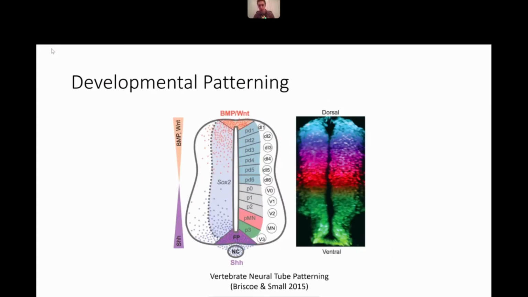So to give an example, here we have neural tube patterning, where the cells differentiate based on concentrations of 3 different morphogen chemicals that form a gradient.